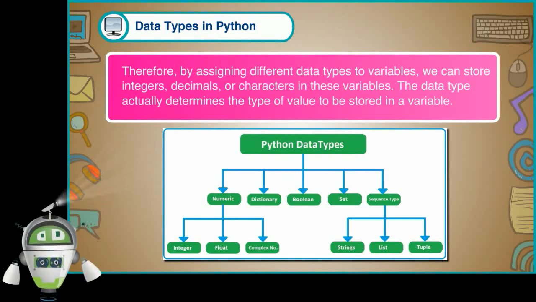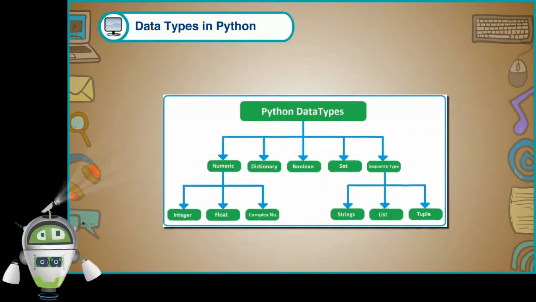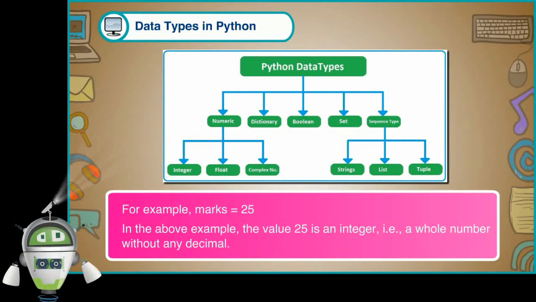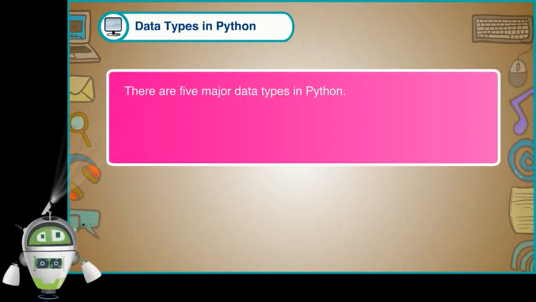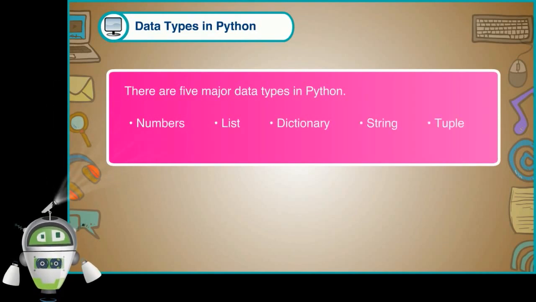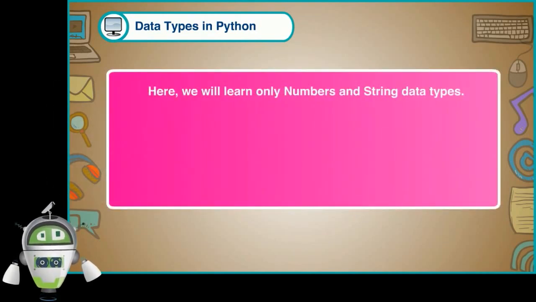The data type actually determines the type of value to be stored in a variable. For example, marks equals 25. In the above example, the value 25 is an integer, that is, a whole number without any decimal. There are 5 major data types in Python: numbers, list, dictionary, string, and tuple. Here we will learn only numbers and string data types.